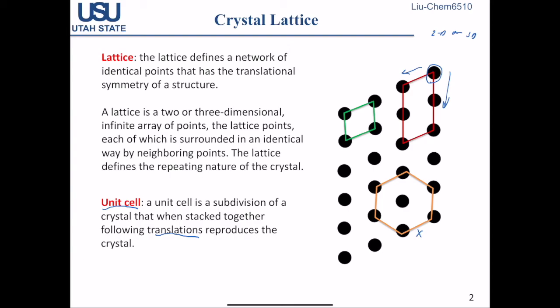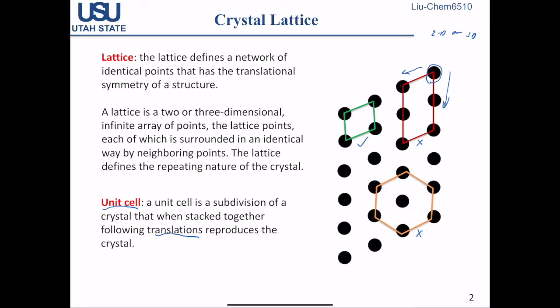And how about the green one and the red one? The green one and the red one both can repeat the net structure by translation, right? However, this one is also not a good choice. This one is good.